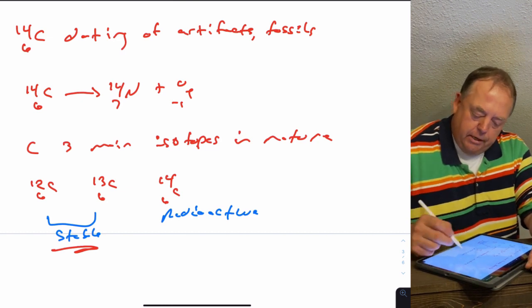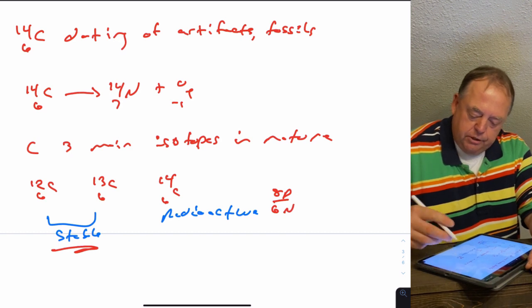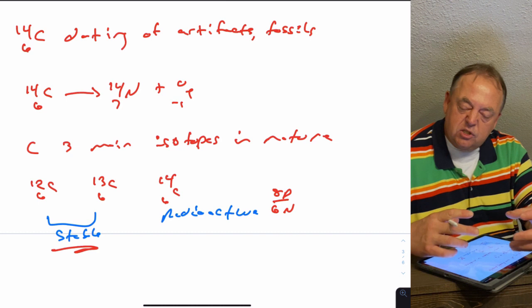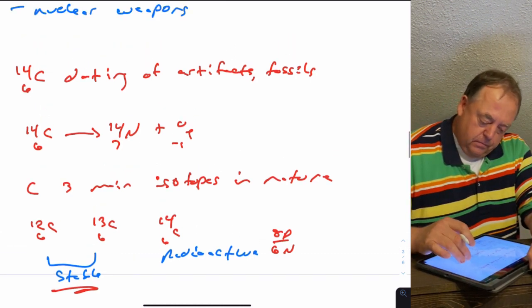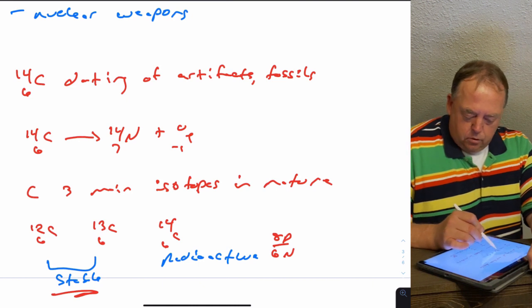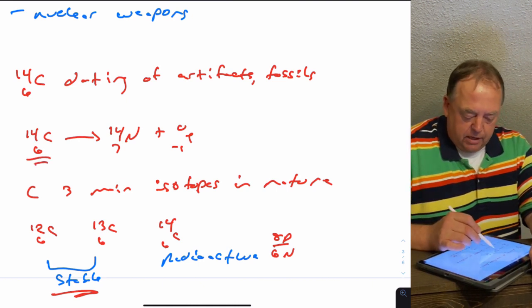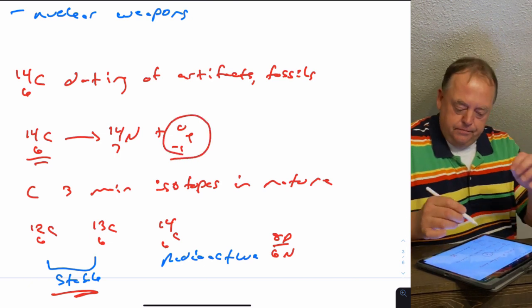It's going to undergo beta decay, right? You've got 6 protons, 8 neutrons, so that ratio is a little bit more than the 1.0 to 1.1 for a small light element. So carbon-14 is an unstable, radioactive nucleus. It'll be converted over time to nitrogen-14 plus a beta particle emission.